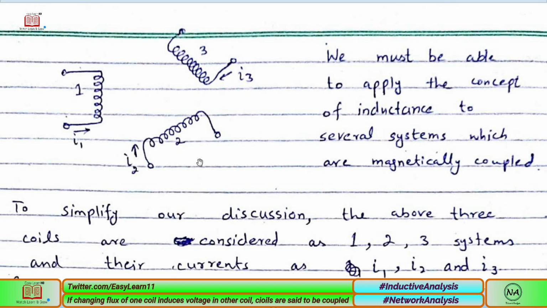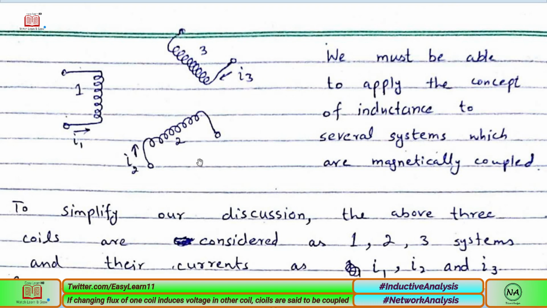Whenever there is more than one system, we consider a mutual. Mutual means the collaboration of more than one in a task, meaning the production of flux in a system due to another system results in mutual inductance.